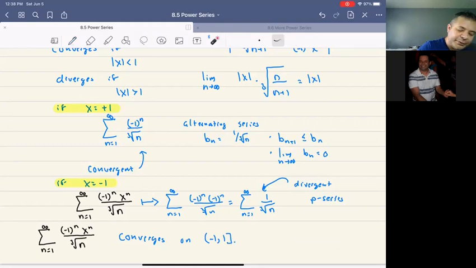With the bracket, I'm indicating that at 1 it's convergent. At negative 1 it's not.